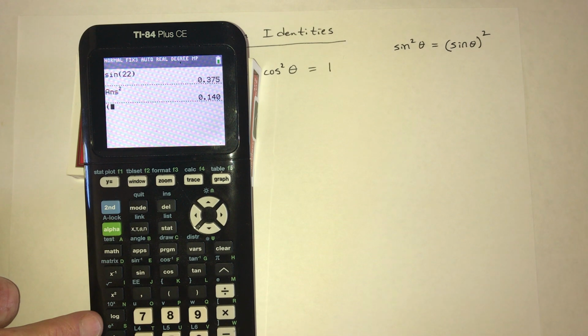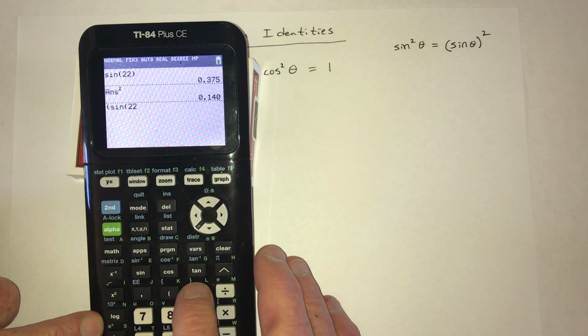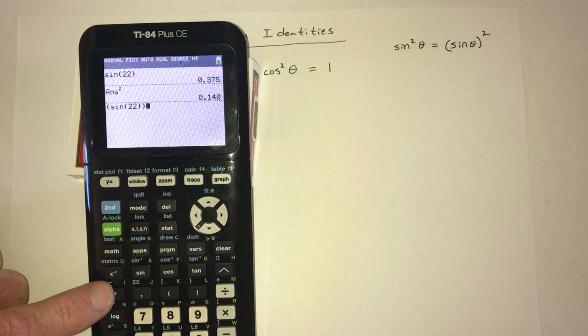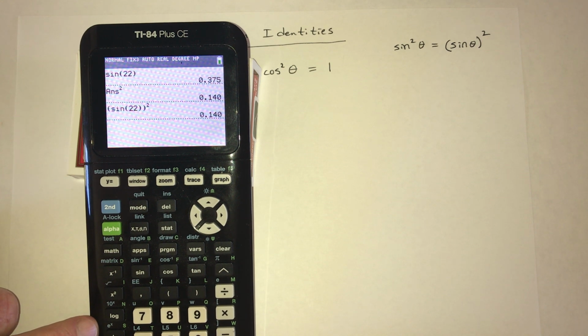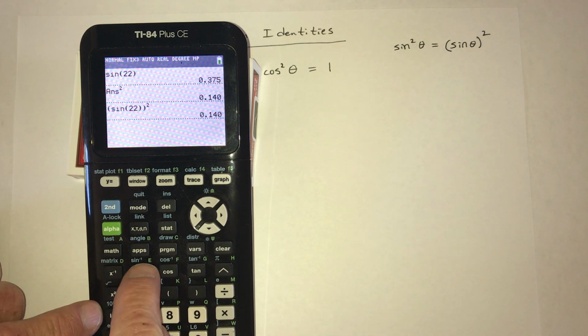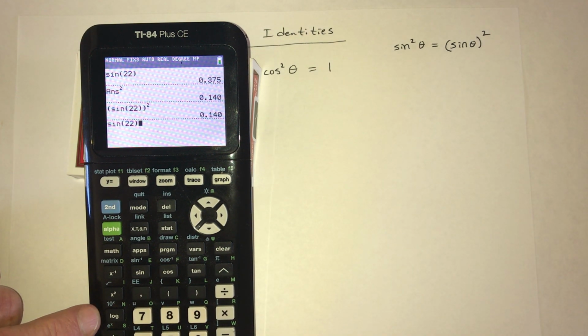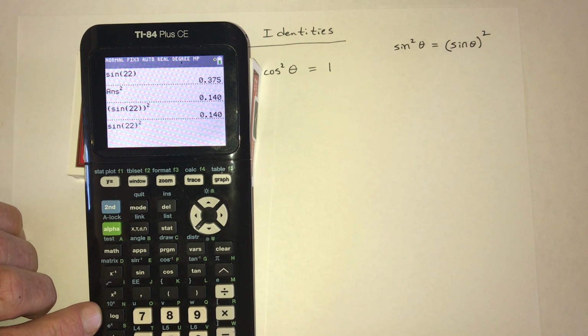Yet another way you could do it is put parentheses around the whole thing, sine of 22, and then square it. And it still equals 0.14. Or the fastest way to type it on the calculator is you put sine of 22, you close the parentheses so that that is the sine function, and then you square it. And it still equals 0.14.